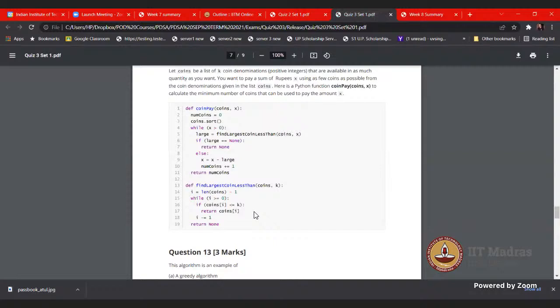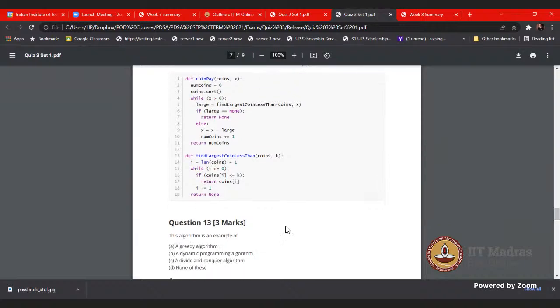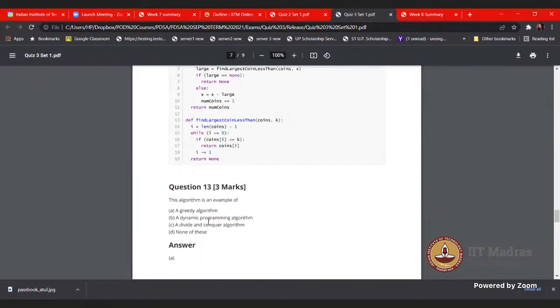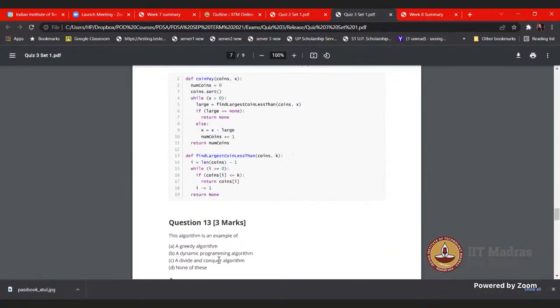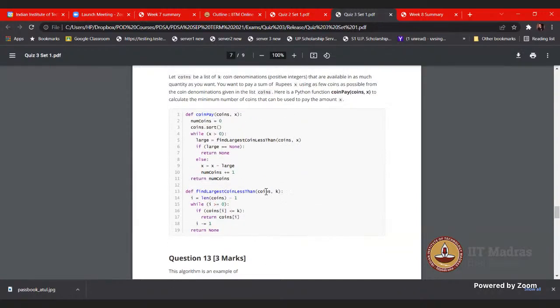This selection of the largest value is the local optimum decision, and using these local optimum decisions we try to get the global optimum solution, the minimum number of coins. So this is a greedy algorithm. In a divide and conquer algorithm, just see the code where we divide the problem into sub-problems and call the function again on the left part or right part.